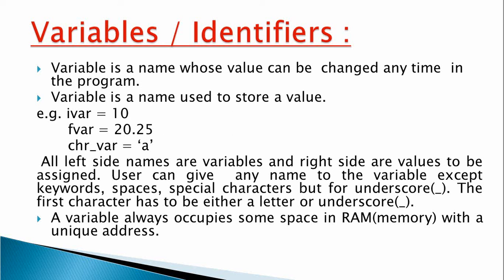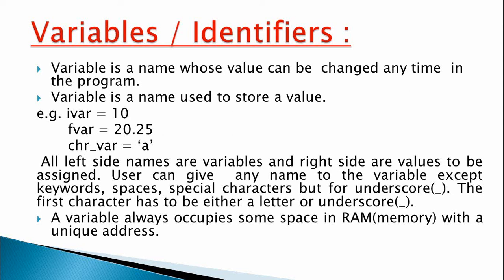If there is a variable called fvar, I can assign it a value 20.25 and so on. But anywhere in the program, if I want to change the value of this variable, I can do so without any problem. All left side names are variables and right side are values to be assigned to these variables.